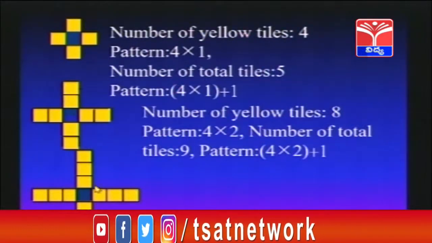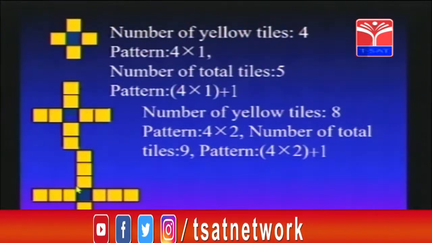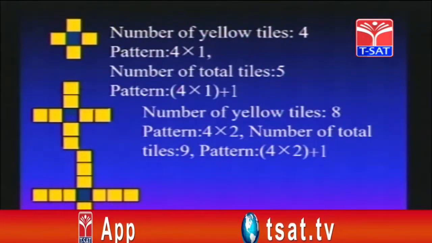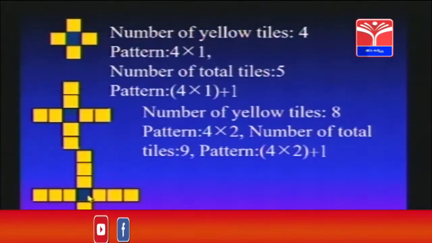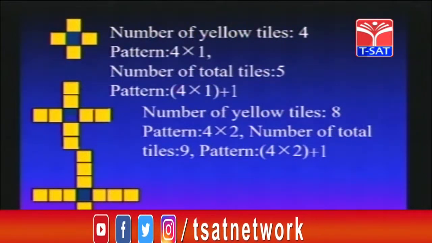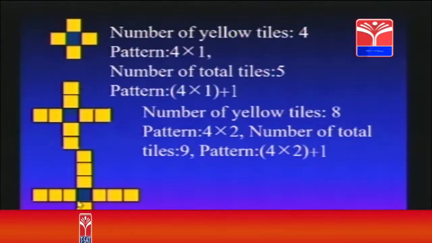Similarly, here also we can notice that the total number of yellow tiles is 12, 3 on each side and 1 in the middle. So in total there are 13 tiles. So here 3 into 4, 4 sides, 4 multiplied by 3, 12 tiles plus 1. So what do you notice here?